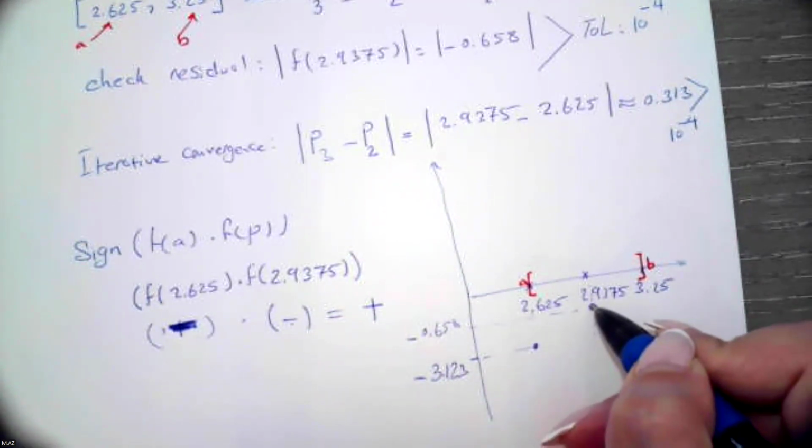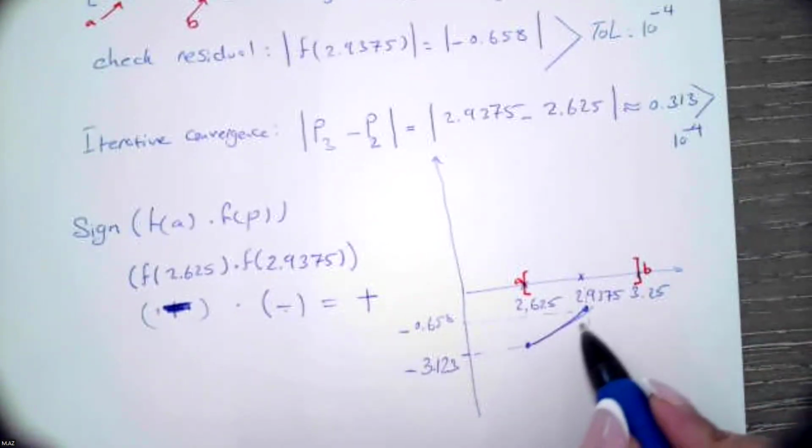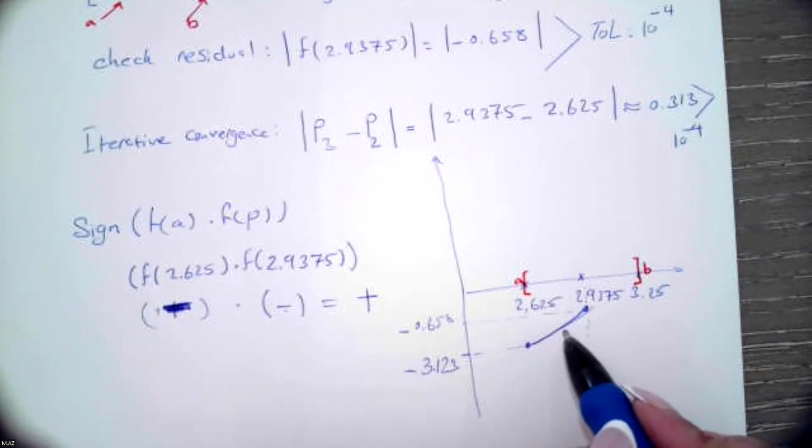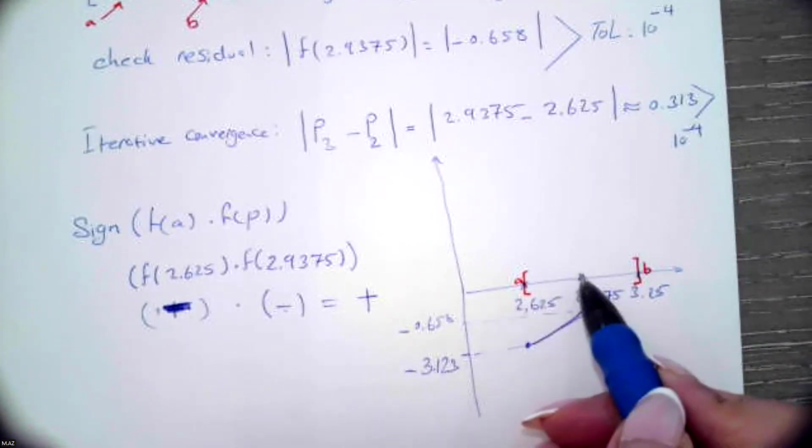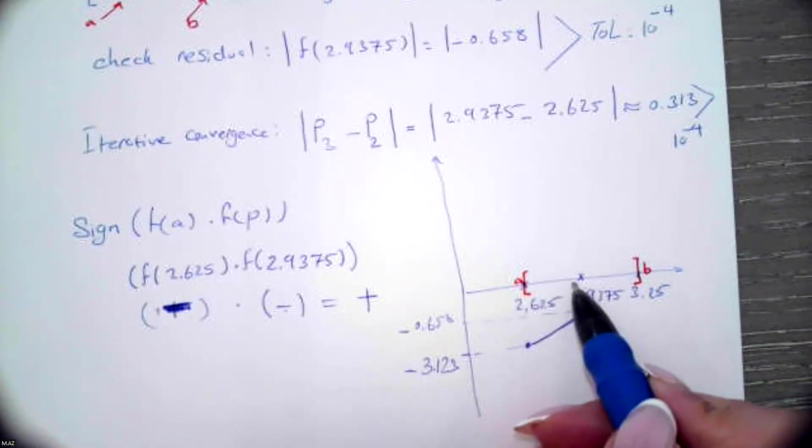If we connect these points together, as you can see, it doesn't cross the x-axis in this interval, okay?